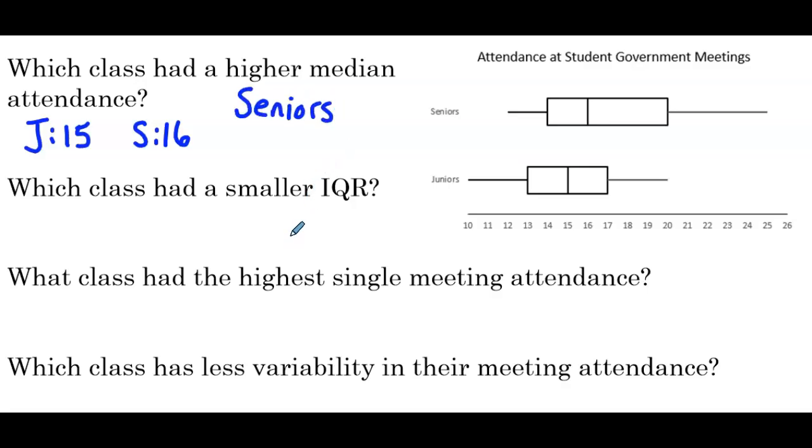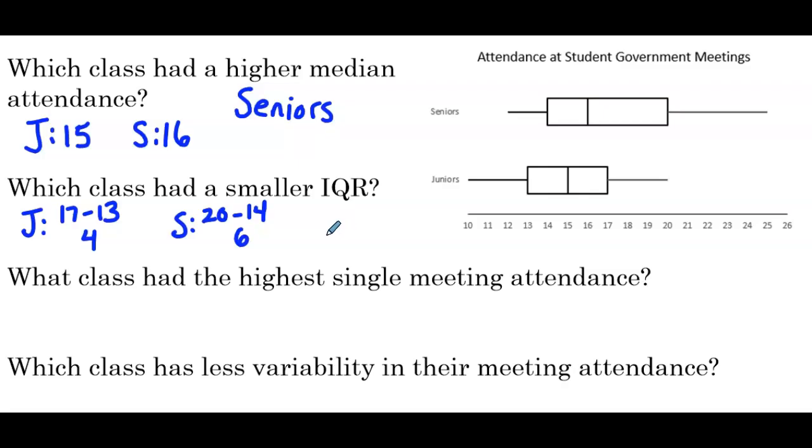Which class had a smaller IQR, or interquartile range? So remember, that's the difference between the first and the third quartiles. So for the junior class, that's 17 minus 13. So that's an IQR of 4. And for the senior class, that's 20 minus 14, which is 6.